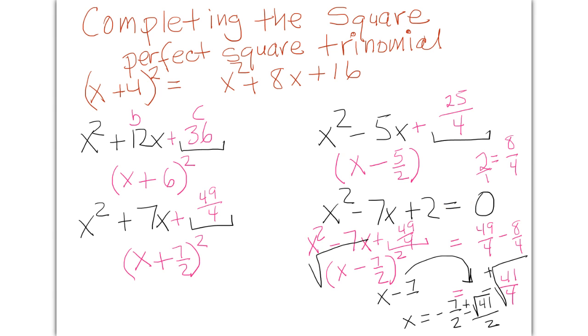And another way to write that would be negative 7 plus or minus the square root of 41, all over your common denominator, since it's 2. Okay, a little review. Lots of stuff going on here, but we're featuring this process, completing the square.